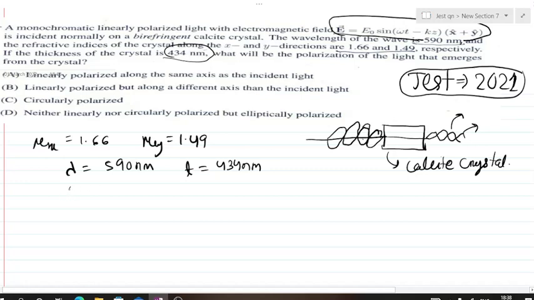As we know, phase difference is equal to 2 pi by lambda into path difference. The path difference is T, the thickness. We don't have to panic about that. But here lambda, as you know, when a wave passes through any medium, its wavelength decreases by mu.